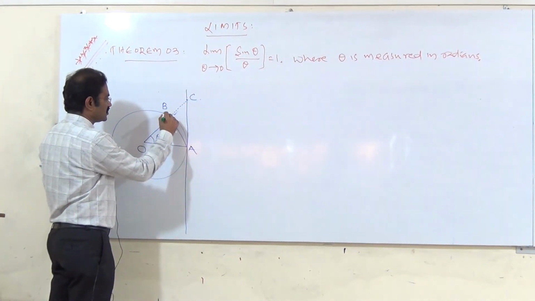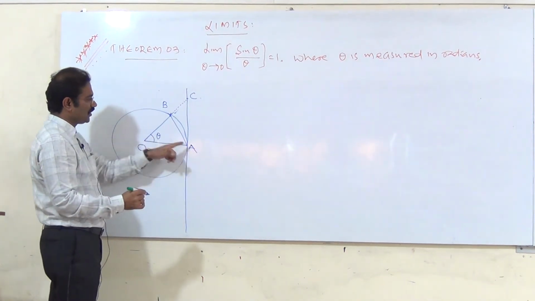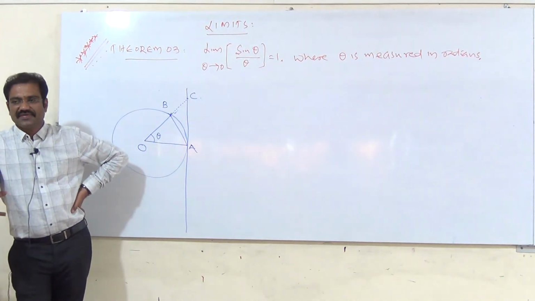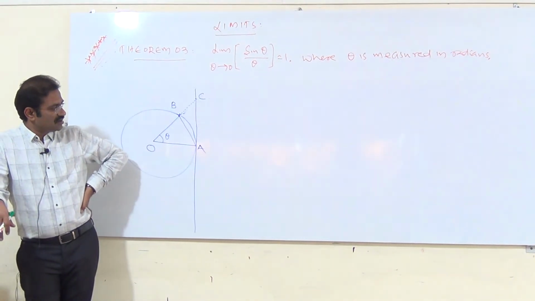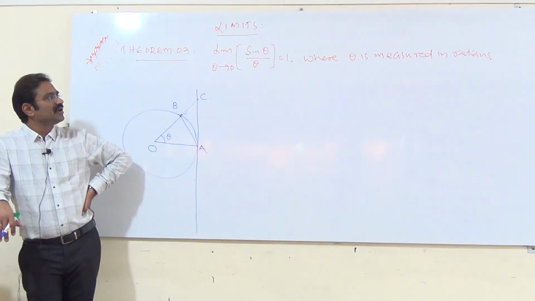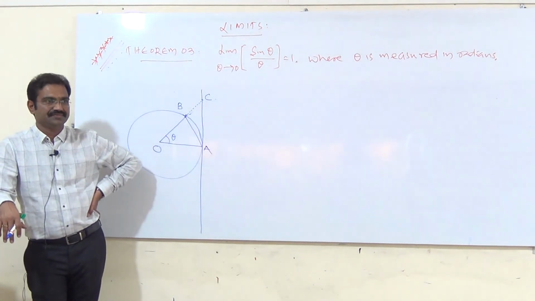This is the triangle OAB. This is one figure. With the help of this, I can explain that the limit of sin theta by theta as theta tends to 0 is equal to 1.